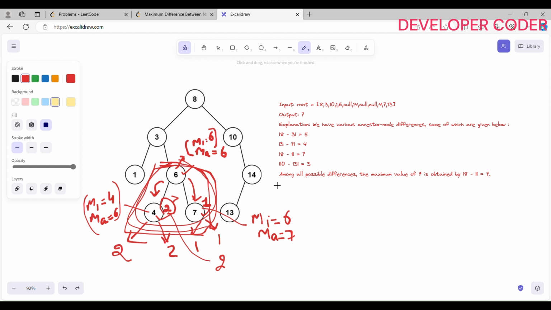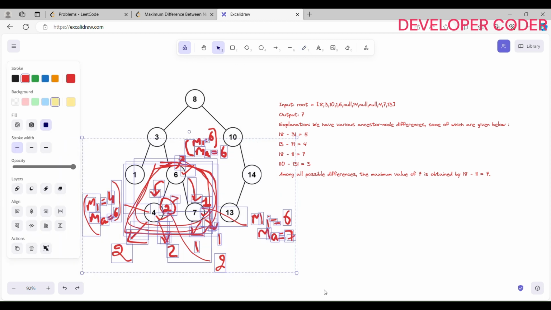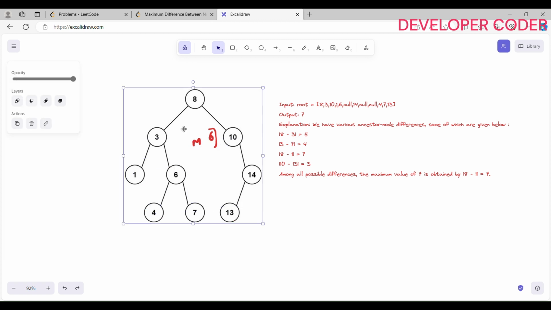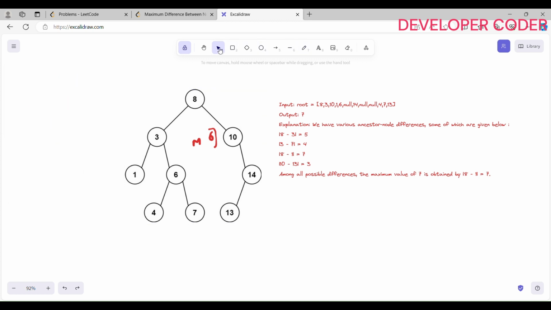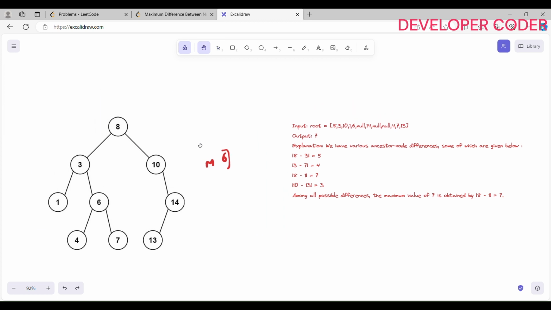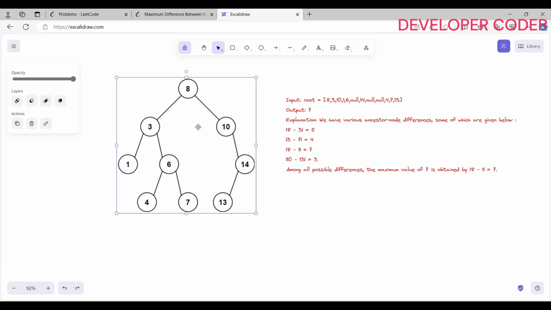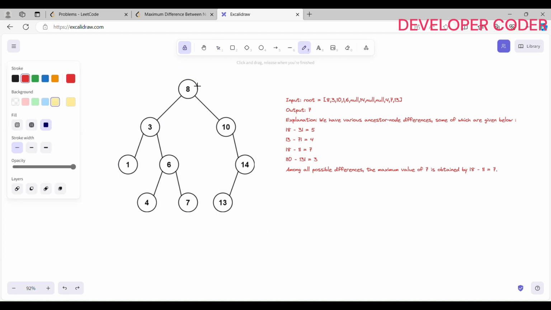Now let's see how we are going to solve this entire problem. First we are at the root.